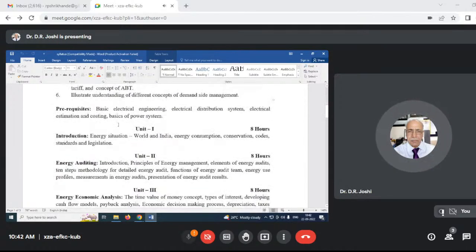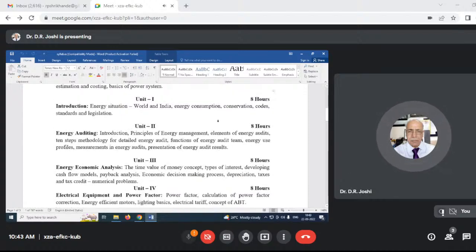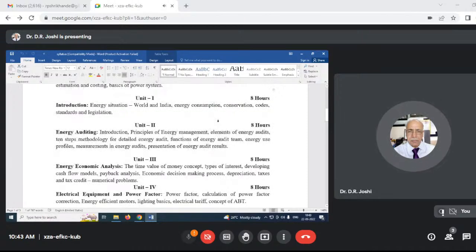The prerequisites for the open elective, which is energy auditing, are basic electrical engineering, electrical distribution system, electrical estimation and costing, and basics of power system. These are all very well-known subjects, and we are not dealing with any one of them in depth, but we are using the basics from these subjects as we go.